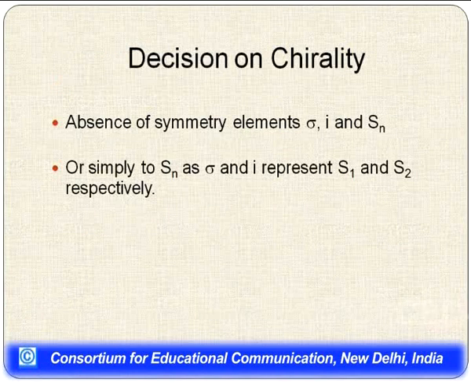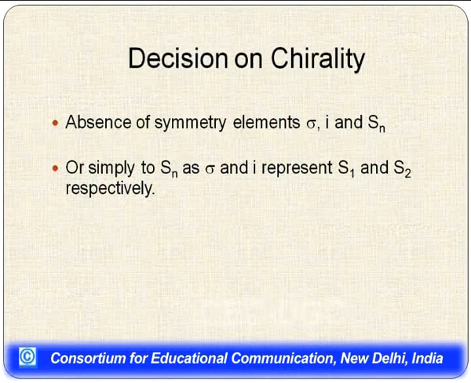Finally, I would like to conclude on this slide. In the next lectures we would be talking about enantiomerism and chirality, but I would give you the identification of symmetry elements. We talked about Cn, sigma, i and Sn. So what is the criterion we were talking about?